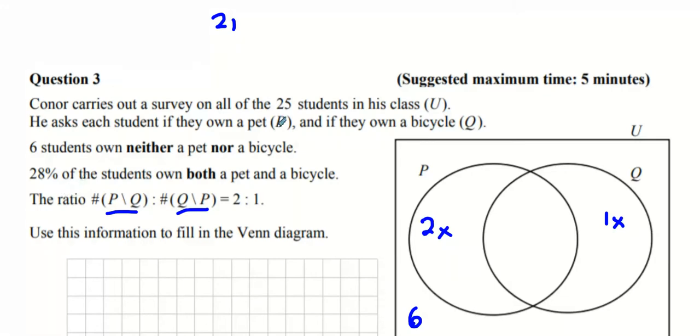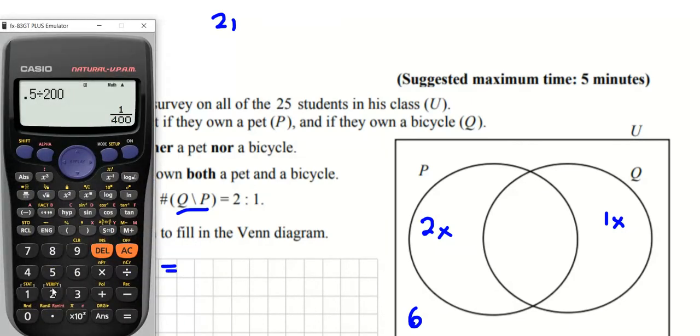Now, 28% of 25 students. 25 multiplied by 28%. This should be interesting. 25 multiplied by 28%. Where's the percent sign? Shift, percentage sign. That is 7 students.